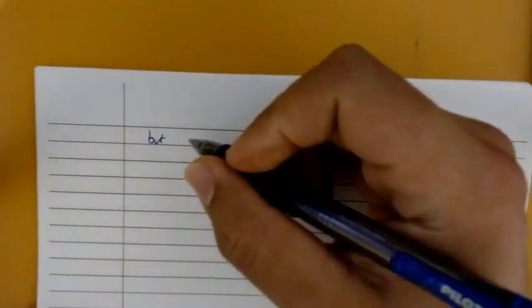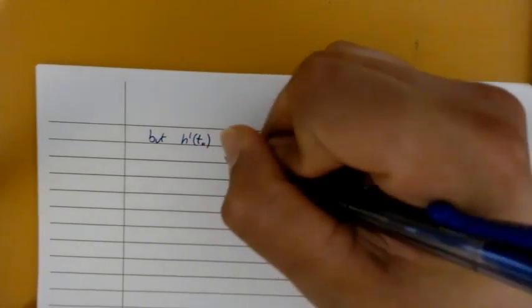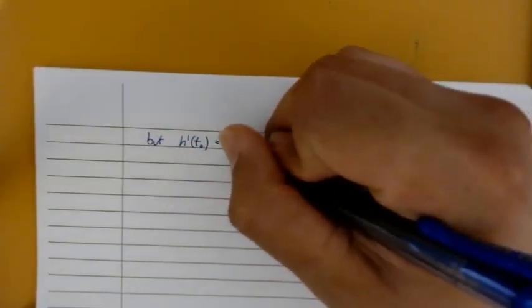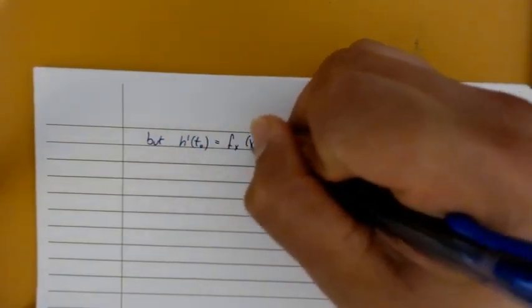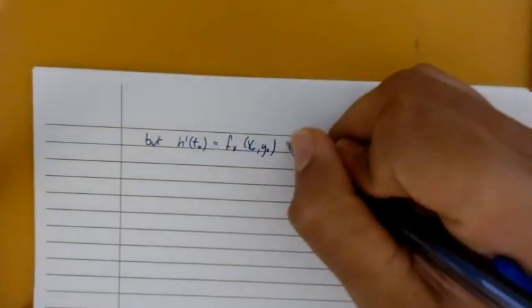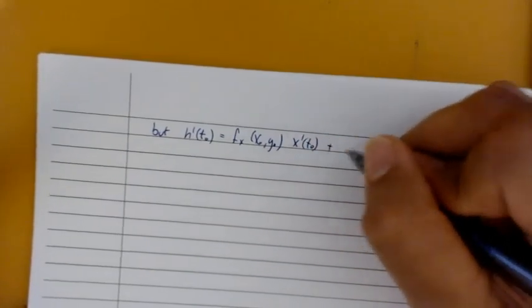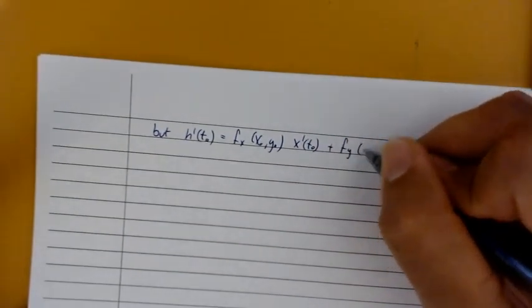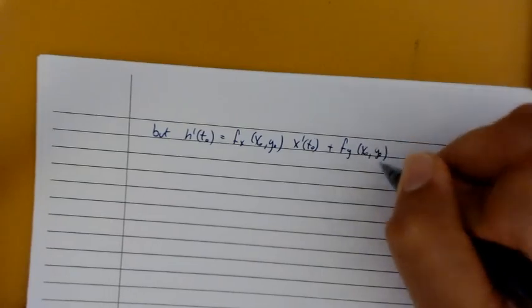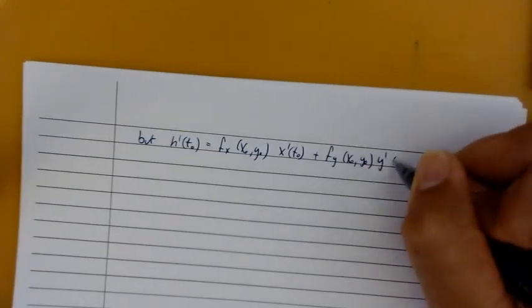But h prime at t naught, well, that's equal to f sub x at x naught comma y naught times x prime at t naught plus f sub y at x naught comma y naught times y prime at t naught.